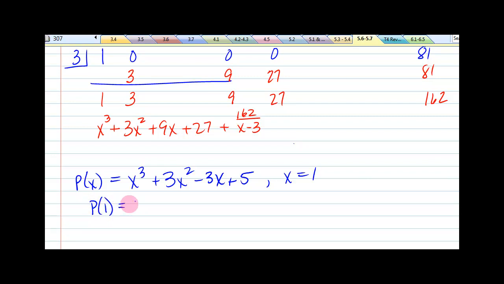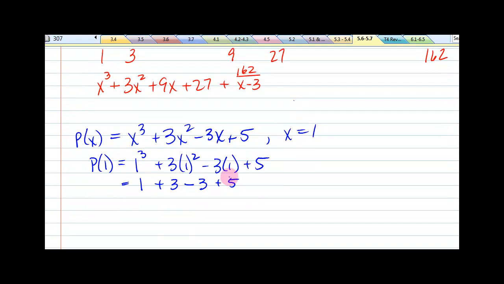So p of 1 is equal to 1 cubed plus 3 times 1 squared minus 3 times 1 plus 5, which is really equal to 1 plus 3 minus 3 plus 5. So my answer is 6.